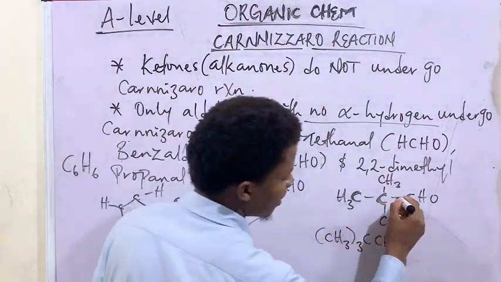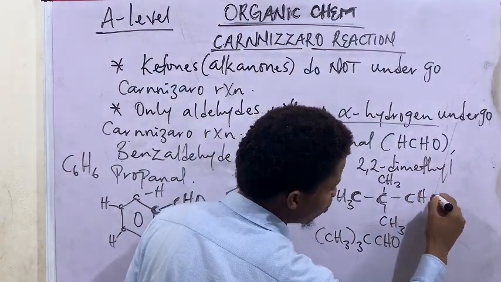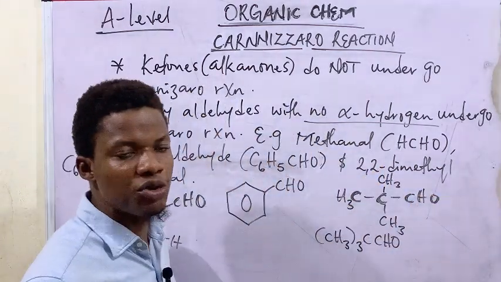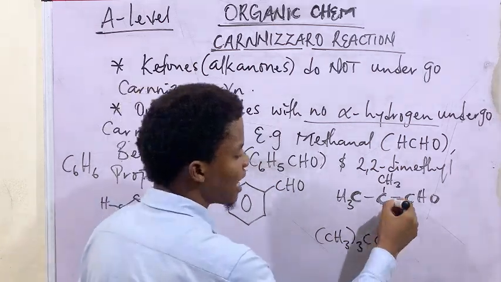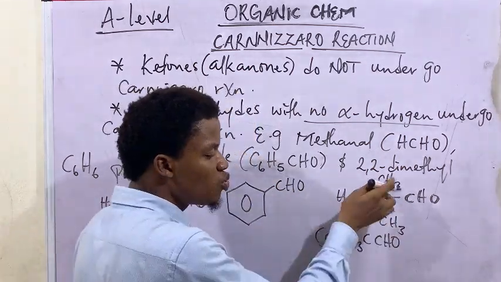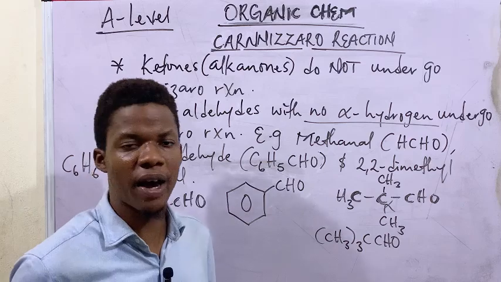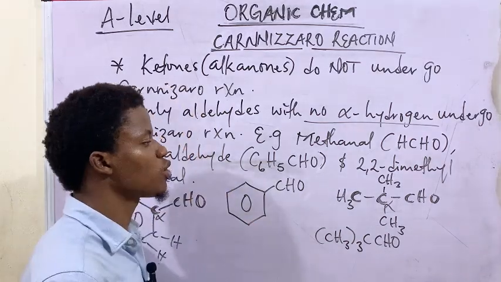The carbon directly attached to the CHO is the alpha carbon. Does it have any free hydrogen? No, it does not have any alpha hydrogen.